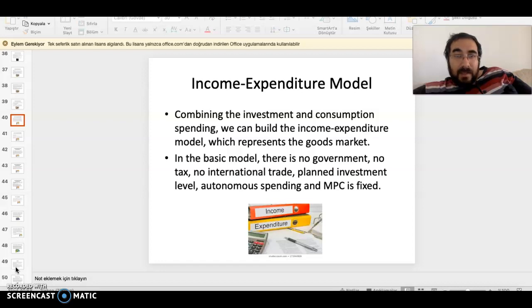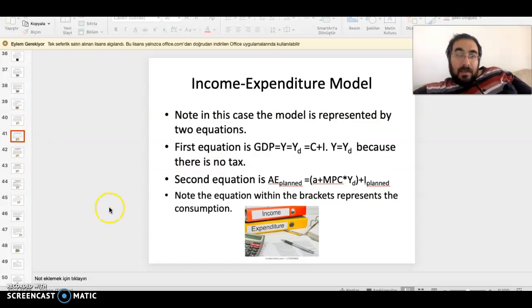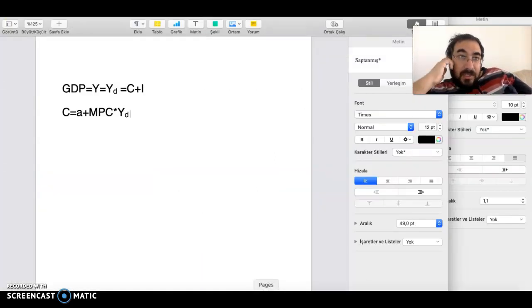In the basic models we have no government, no tax, no international trade, planned investment level, autonomous spending, and MPC is fixed. Having said all of these conditions, we have our GDP level.